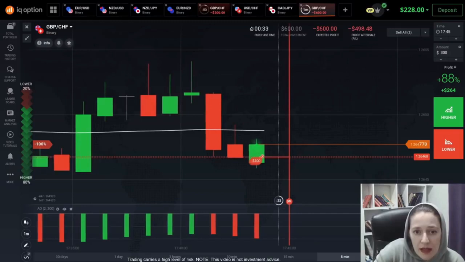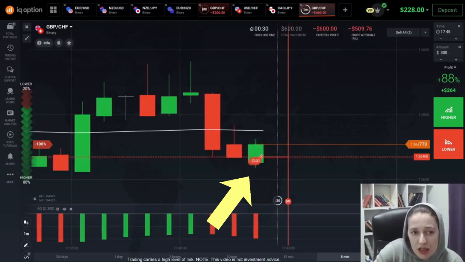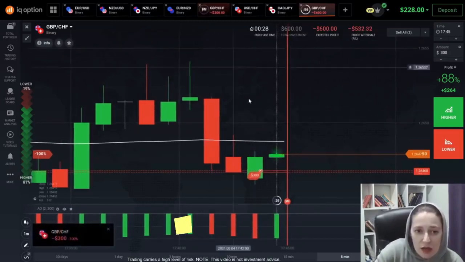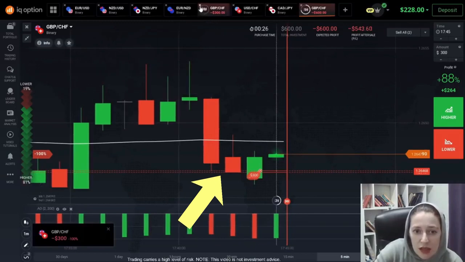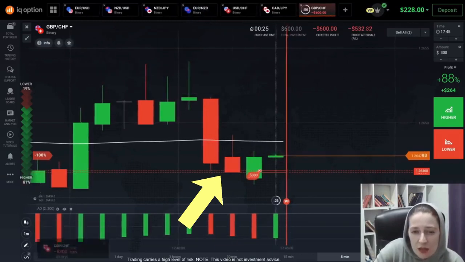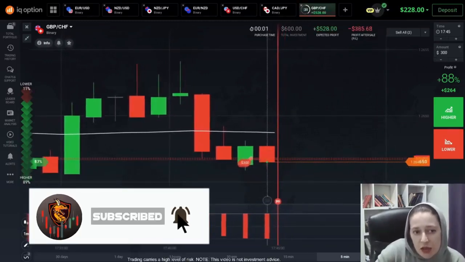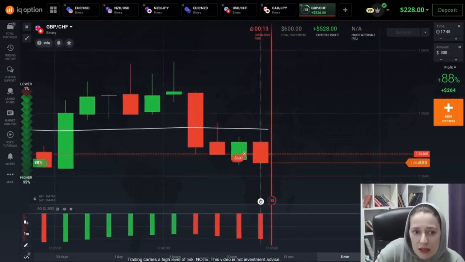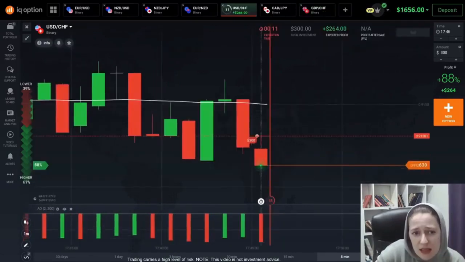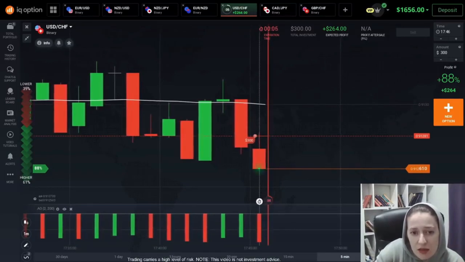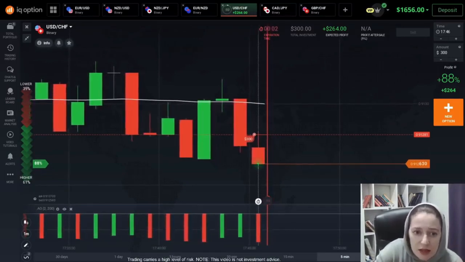As you can see here, she did one operation on this candle, but if she had done it on this one, the operation would have been a winner. Here, she did the operation very well. I think it's a good strategy, so let's go and try it.